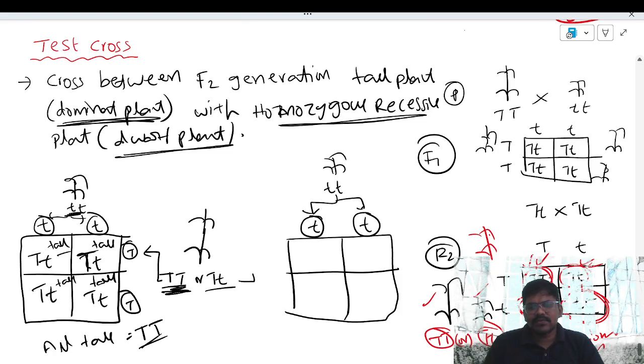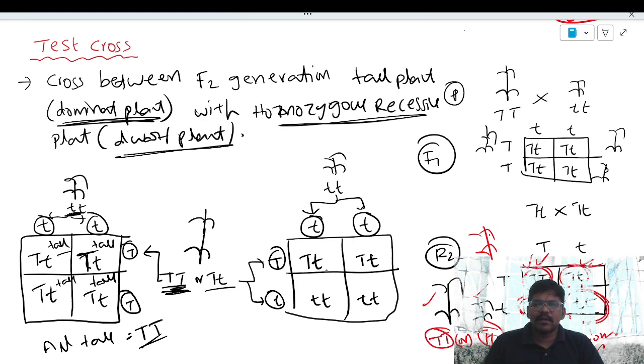In case it is heterozygous dominant, what is the result? Capital T small t, capital T small t, small t small t, small t small t. If 50% of plants are tall and 50% are dwarf, these are the tall, heterozygous dominant, and these are the dwarf, homozygous recessive.